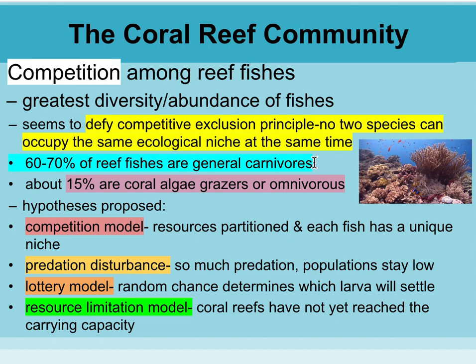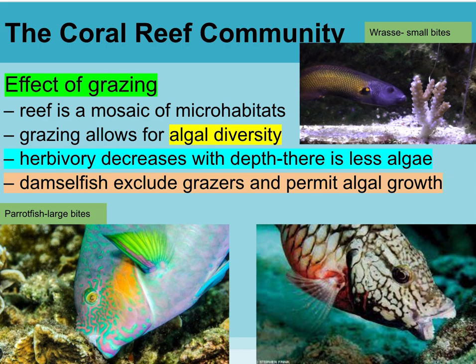Some is that a lottery model is like when those planular larvae are just floating out there, the chances you find a rock are pretty small, and so maybe it's just by chance there's so many species. And the other one is the resource limitation model, which states that coral reefs basically don't have a carrying capacity that we know, like they can just support a huge number of organisms, unlike any other space on Earth.